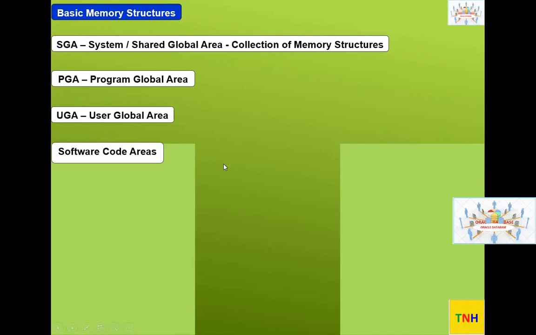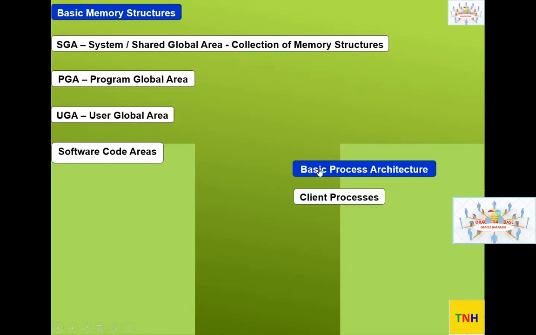For explanatory purposes, I have taken the memory structures separately, SGA, PGA, UGA, and software code areas, and then the process structure separately. So memory structure and process structure, or we can say memory architecture and process architecture, whatever, it doesn't matter. In the basic process architecture, we have the client user process, which I explained earlier, the server processes, and mainly the background processes.